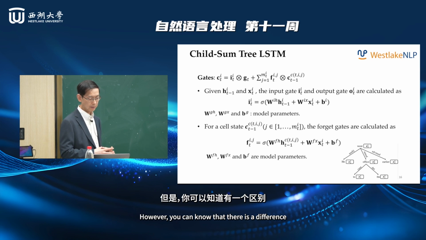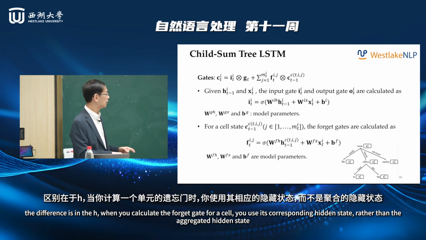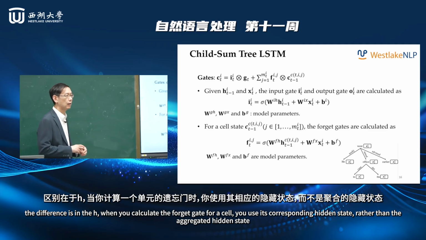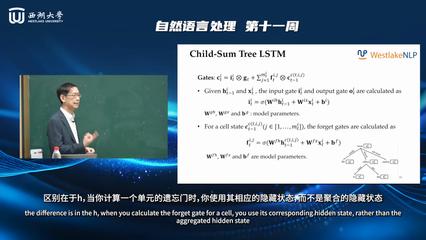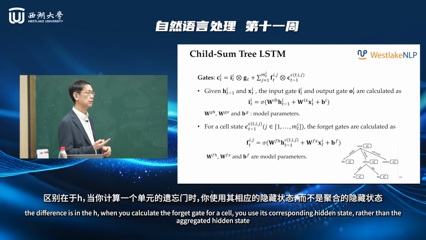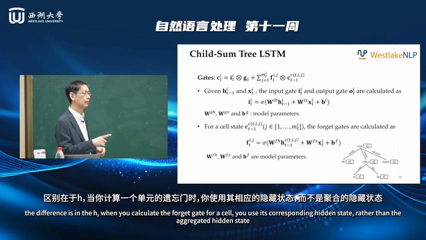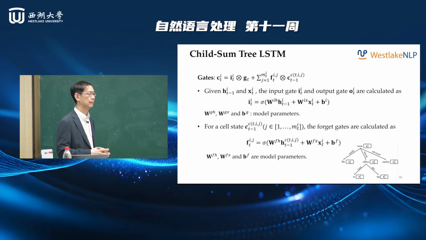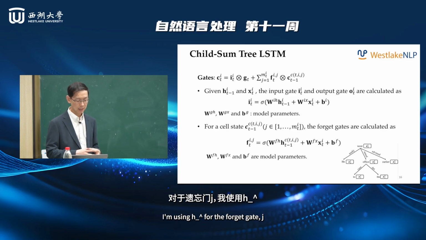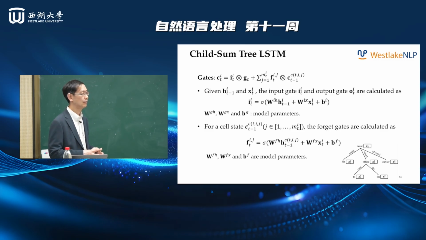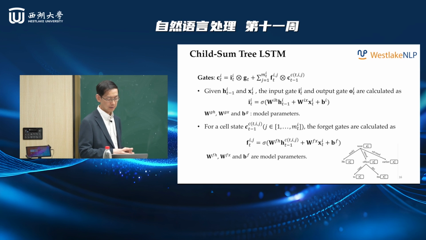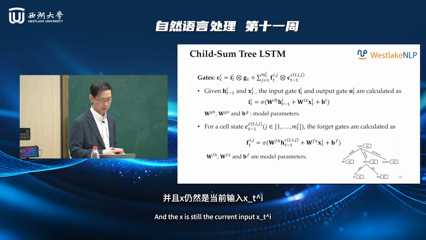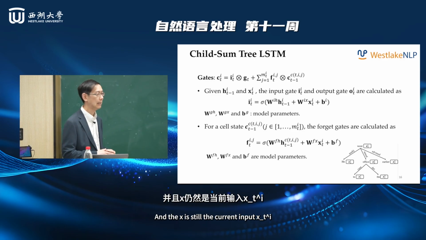However, you can note that there is a difference, and the difference is in the H. When you calculate the forget gate for a cell, you use its corresponding hidden state rather than the aggregated hidden state. So I'm using h_{t,i-1,j} and c_{t,i-1,j} for the forget gate j, and the remaining is the same. So the X is still the current input, x_{t,i}.